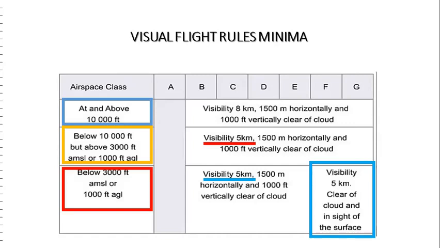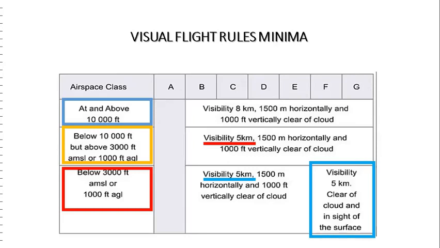So the difference between the first two is visibility of 8 kilometers and visibility of 5 kilometers. If you are at and above 10,000 feet, then you need higher visibility, that is 8 kilometers. If you are below 10,000 feet but above 3,000 feet, you need visibility of 5 kilometers.